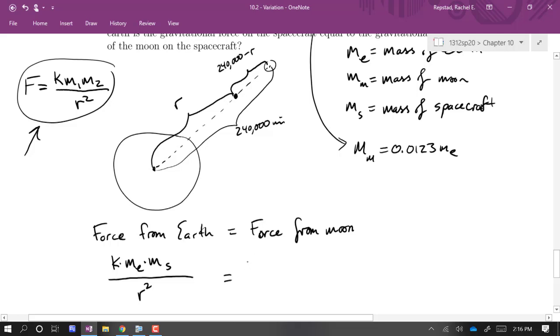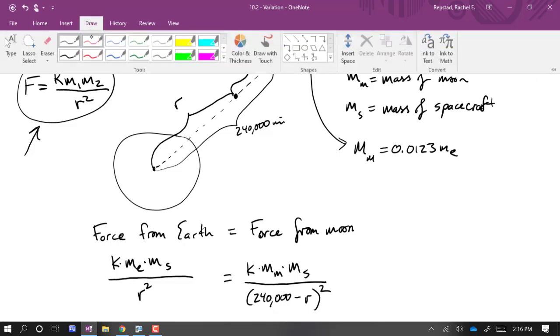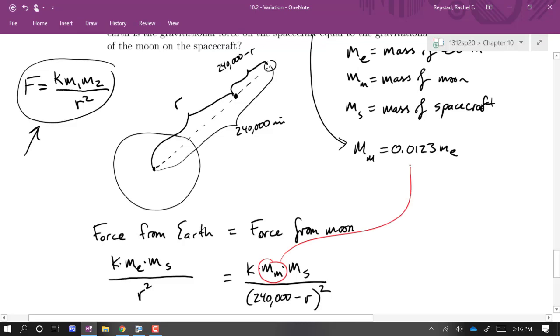And then the other side will be the same constant k times the mass of the Moon times the mass of the spacecraft, divided by, now the distance from the spacecraft to the Moon is 240,000 minus r. So this would be 240,000 minus r, and then squaring that. Okay. Now we know that the mass of the Moon is 0.0123 times the mass of the Earth. So I'm going to put that in there.